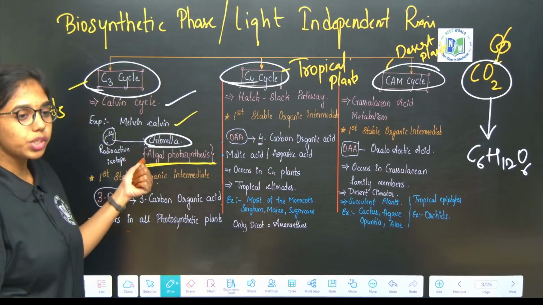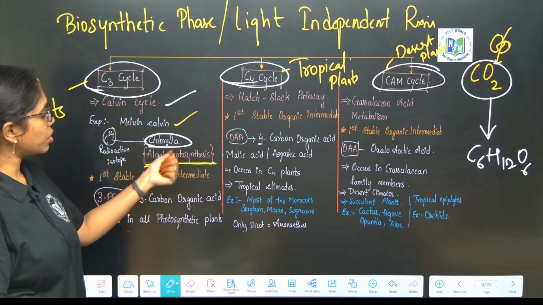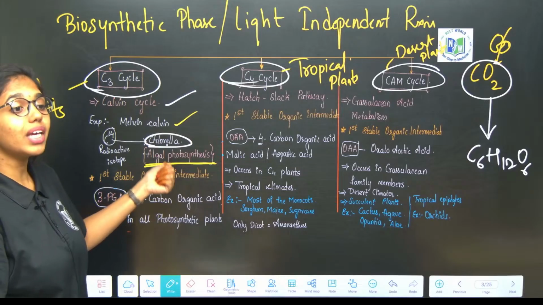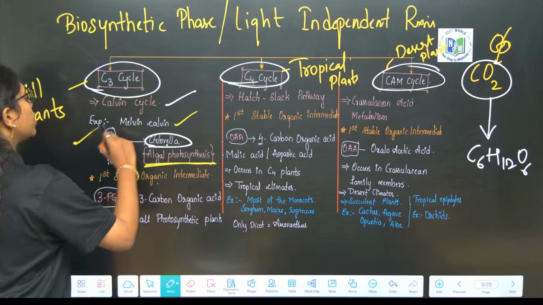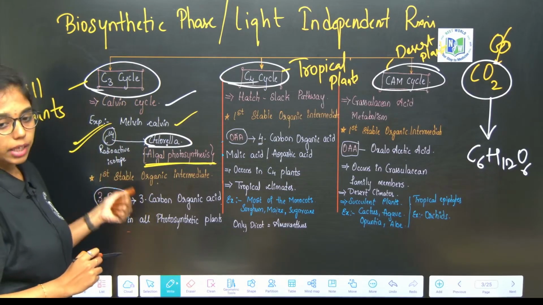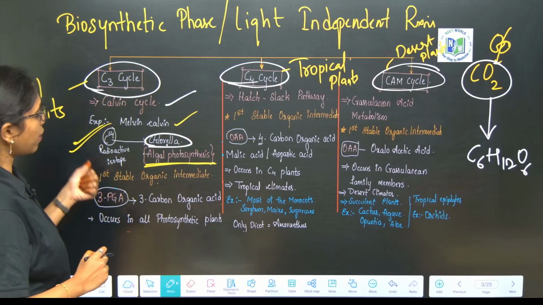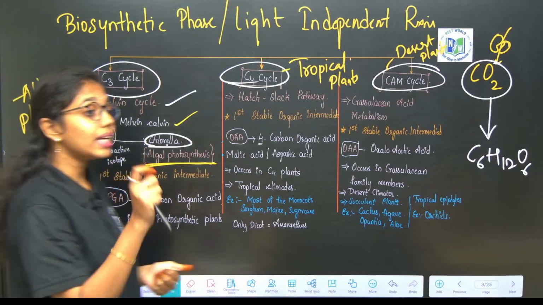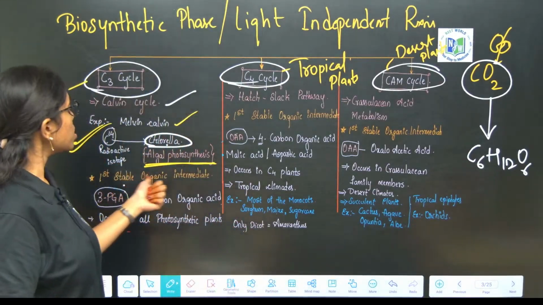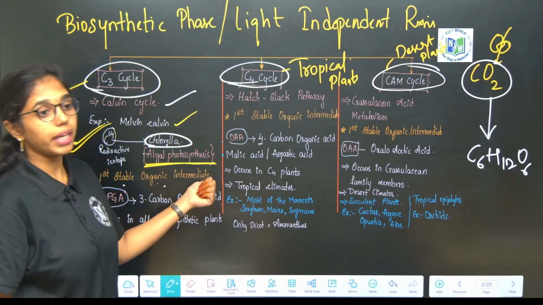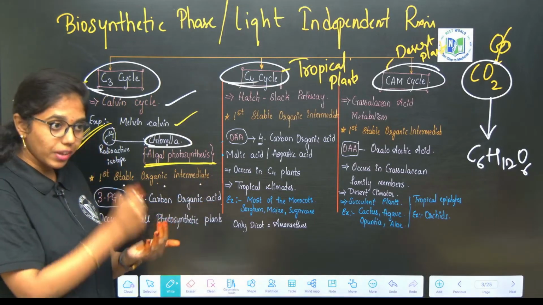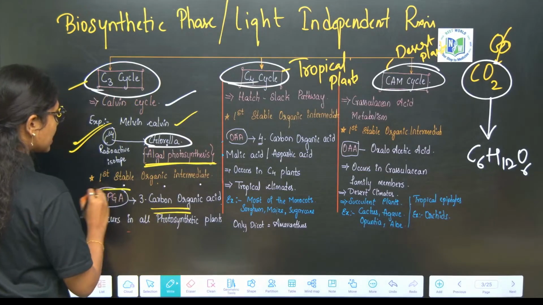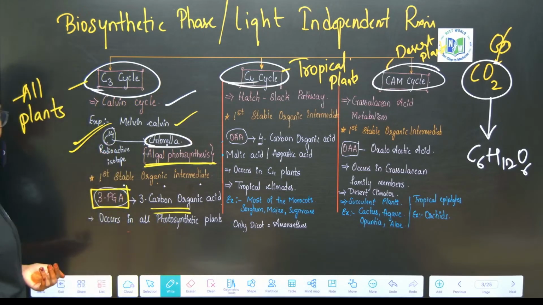After sequential experiments on Chlorella using the radioactive isotope C14, he stated that the first stable organic intermediate formed after fixing carbon dioxide is a 3-carbon compound, 3-phosphoglyceric acid.